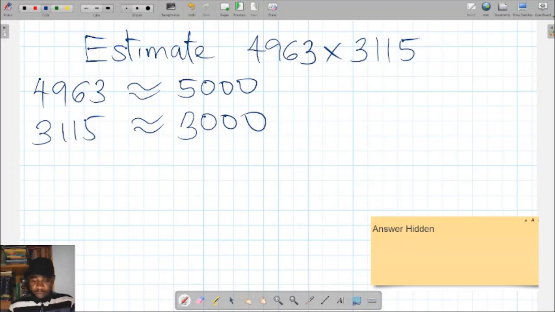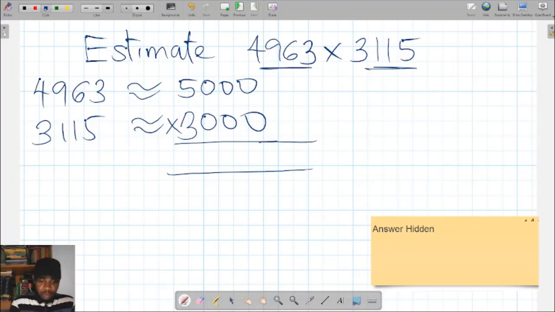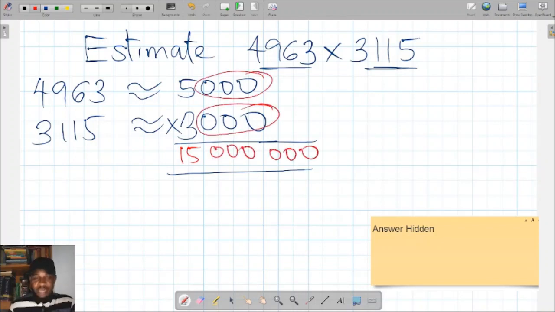Okay, so instead of multiplying these two numbers, I'm going to multiply 5,000 and 3,000. And to do that is absolutely easy. 5 times 3 gives 15, and I take all these zeros, put them behind, and I end up with 15 million. In less than 10 seconds, you can do that. But let's see what the correct result would be.